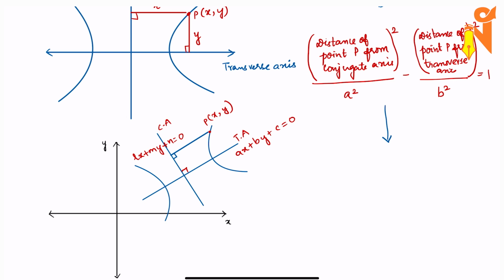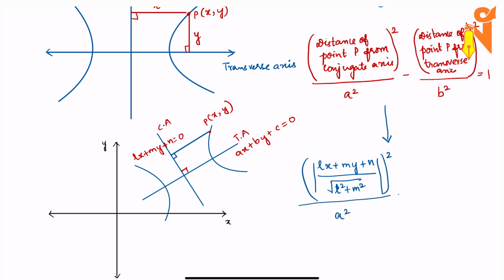So you have to use the perpendicular distance formula: mod of lx plus my plus n divided by root over l square plus m square, whole square by a square, minus the distance of point P from the transverse axis, which is ax plus by plus c by root over a square plus b square.